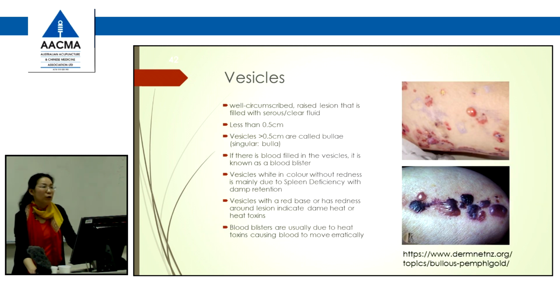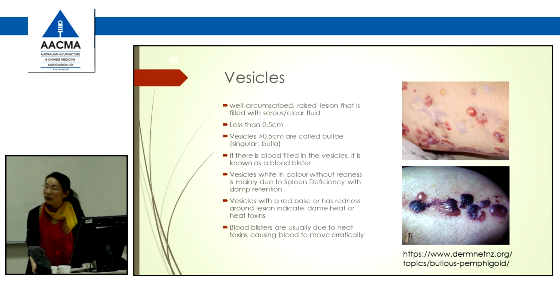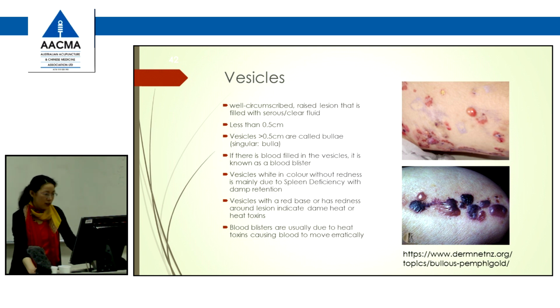That's vesicles. Vesicle is a kind of wet. The upper picture is the vesicle with some bleeding, and the lower one is with purple vesicles. That's with some bleeding, and those are all vesicles.